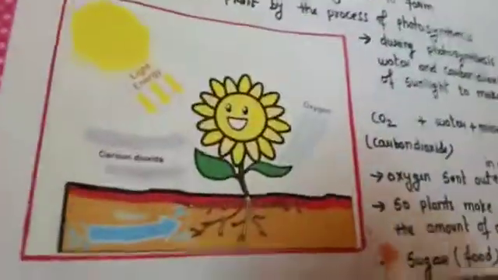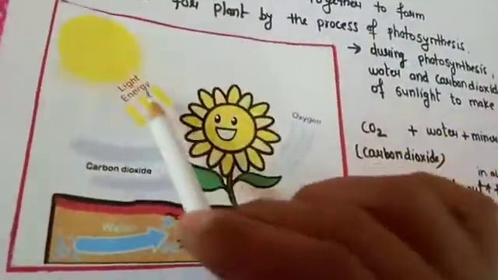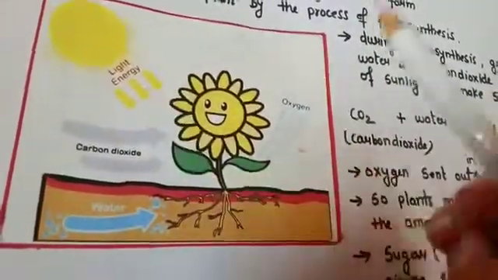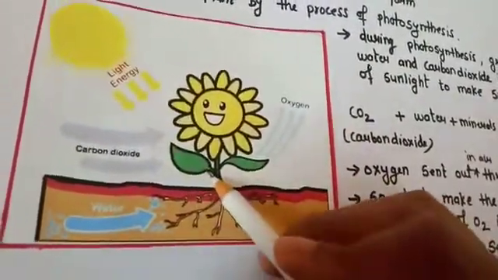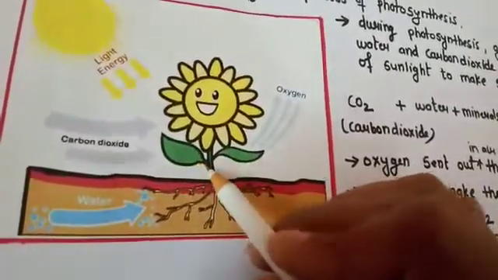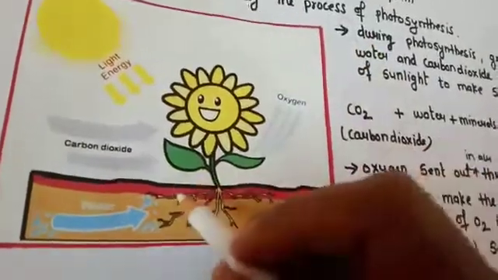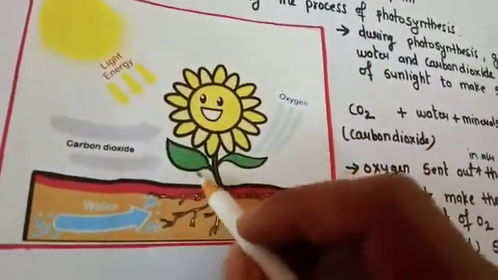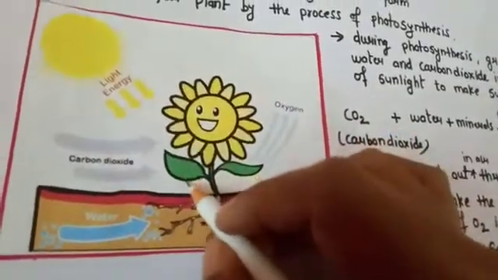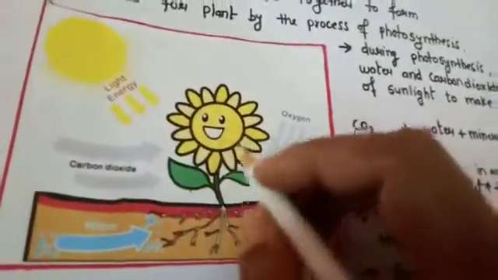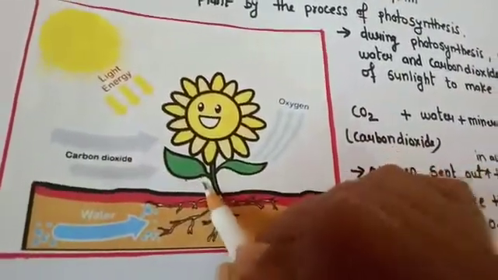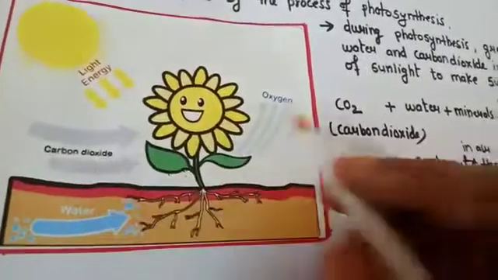Now look at this picture. In the presence of sunlight, a plant gets the energy which is absorbed by the chlorophyll, and chlorophyll is a green pigment which is present in the green leaves. Then the stomata which are present under the surface of the leaves, and stomata are tiny pores, and a plant can get carbon dioxide through its stomata.